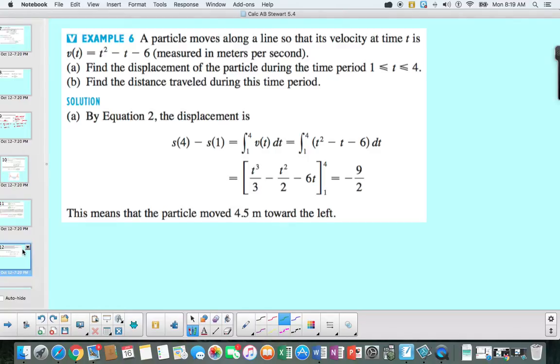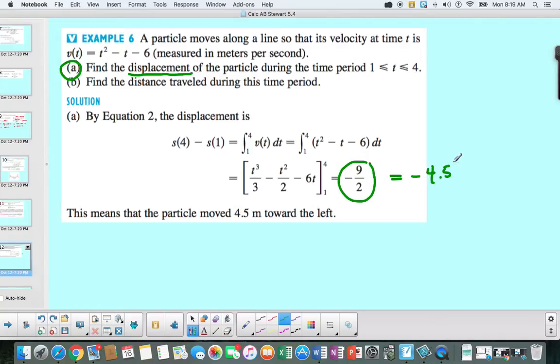Here's an example of finding the area under velocity, and there are two parts, part A and part B. Part A is asking us to find the displacement. In other words, we are going to allow the negative areas and positive areas to cancel out, and we get this result, which is negative 4.5.